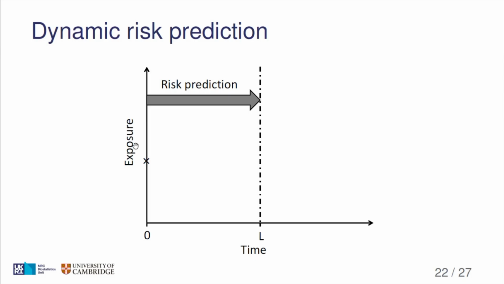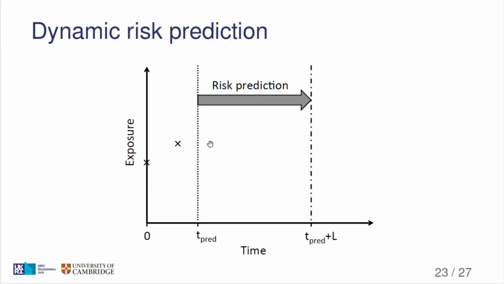To explain this diagrammatically, you might have time 0, at which you have one measurement taken, and you want to use that measurement to predict the risk of your event occurring within L years of the prediction time.